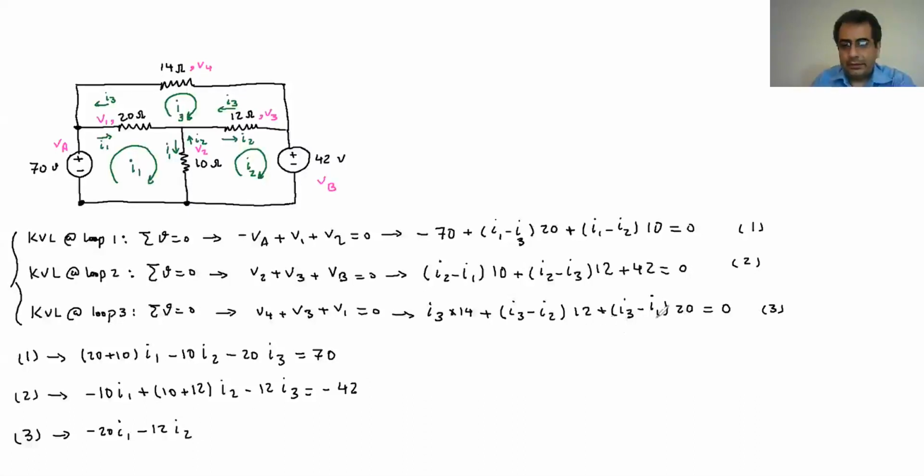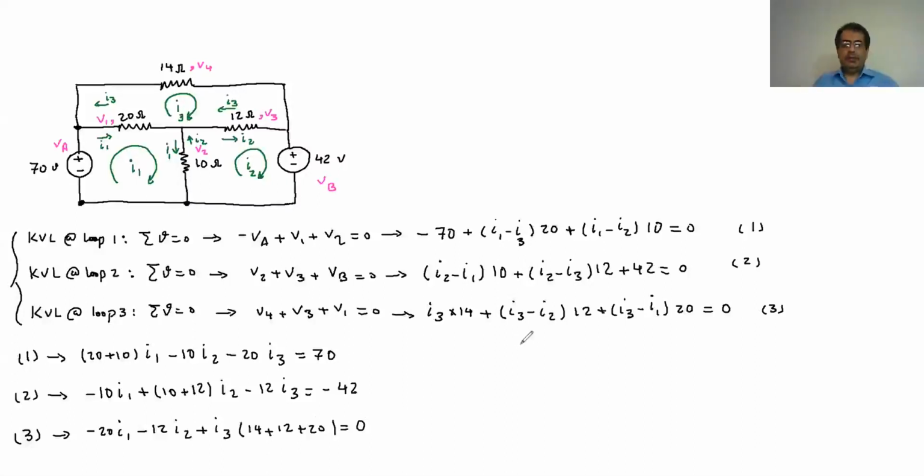And then, so that's the I1, that's the I2, and the rest is the I3. So for the I3, I have 14 here. Then I have 12 here. And then I have 20 here. And then if I have any constant value, I take it to the other side. I don't have any, so the other side is going to stay 0 in this case.